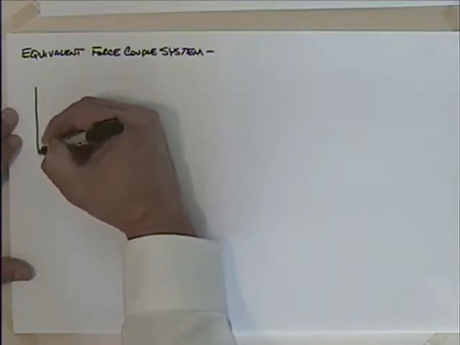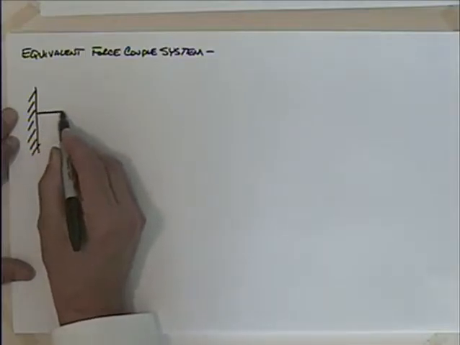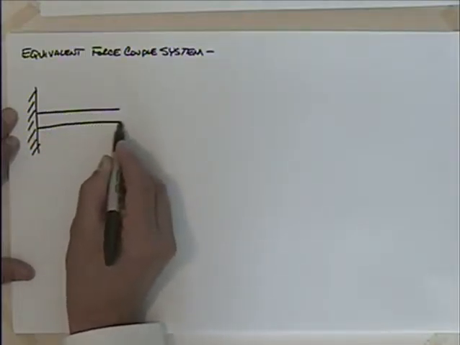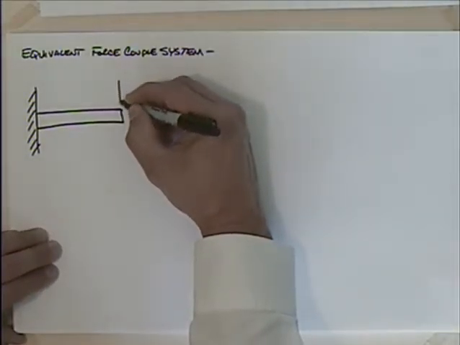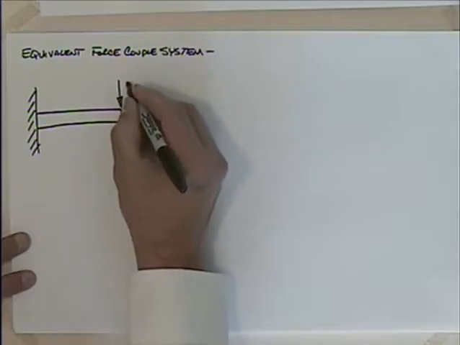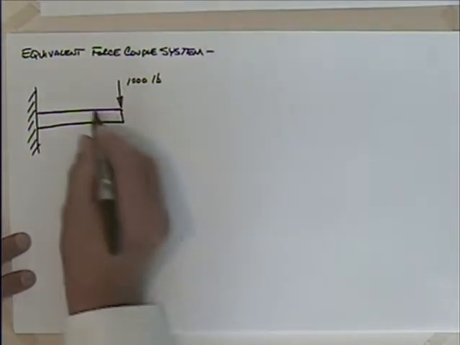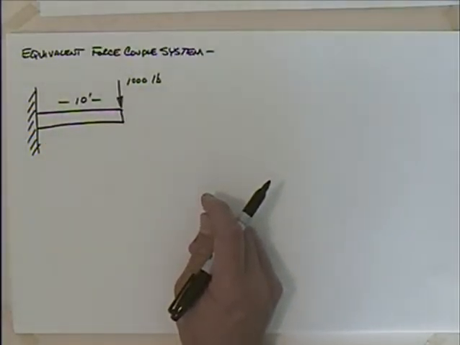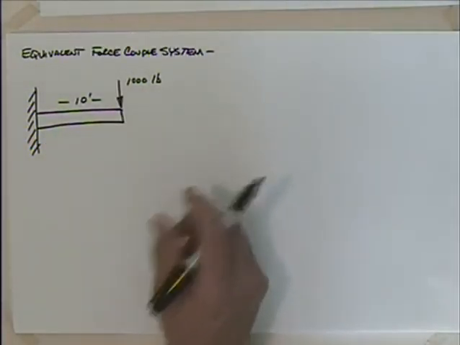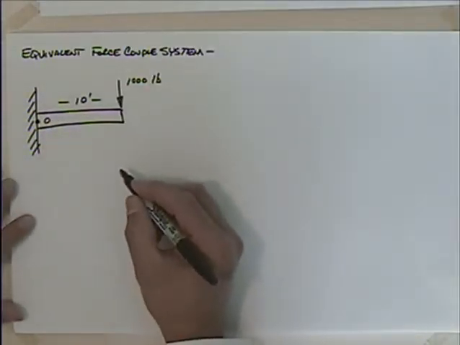Let's say that we have a cantilevered beam, and we apply a force here. So maybe we have 1,000 pounds, and this is 10 feet, and we'd like to come up with the equivalent force couple system back here where it's supported at O. What are we going to have?